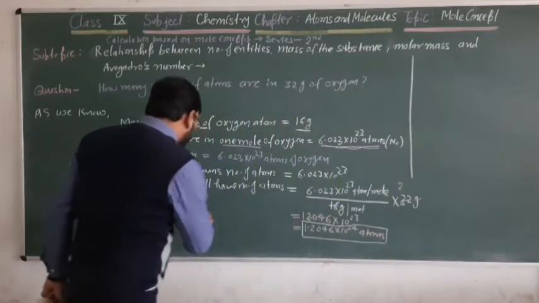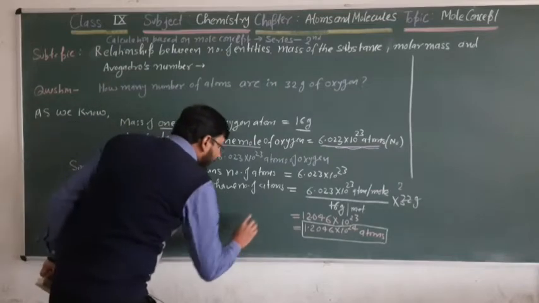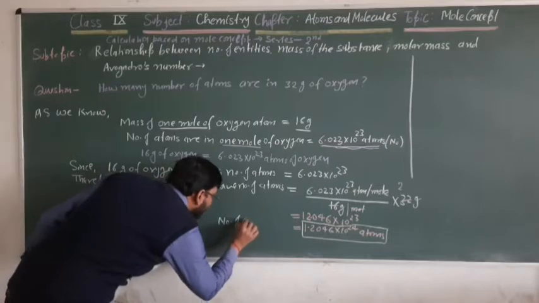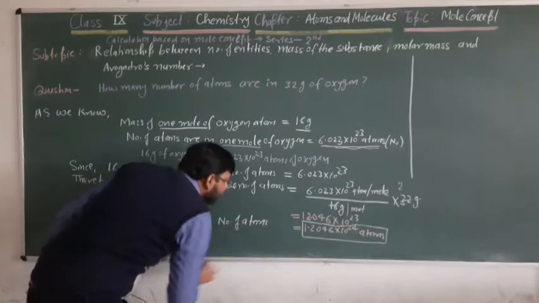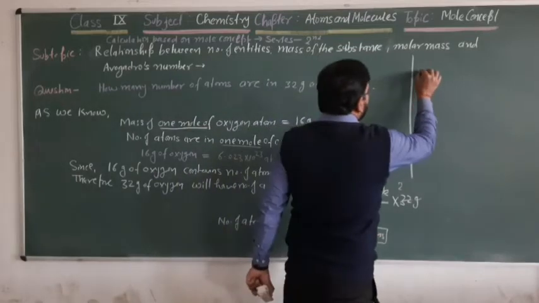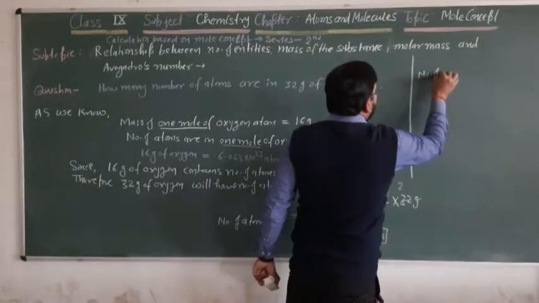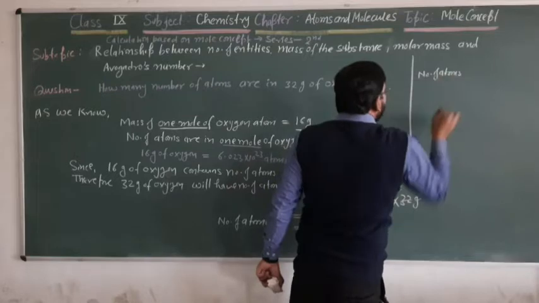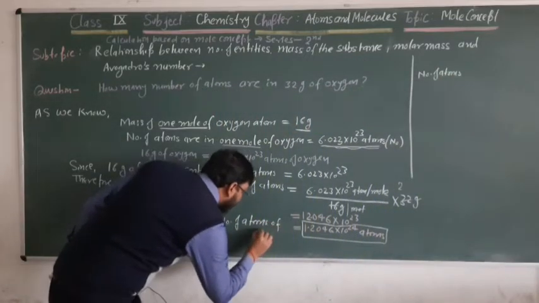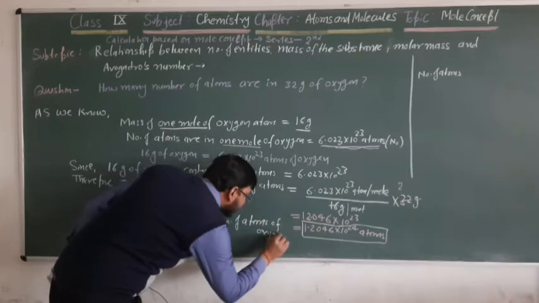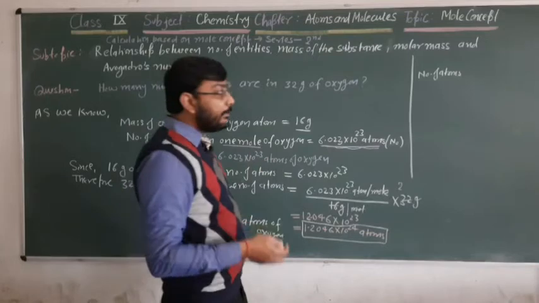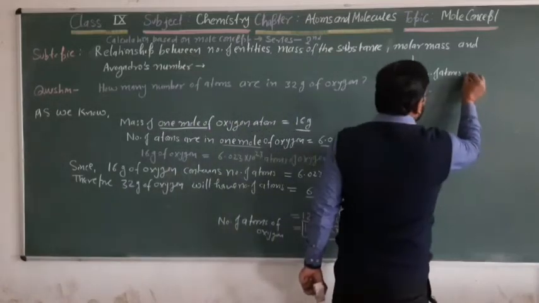Before that, we calculated the number of atoms. We calculated it for oxygen, but we can generalize it for each and every element.